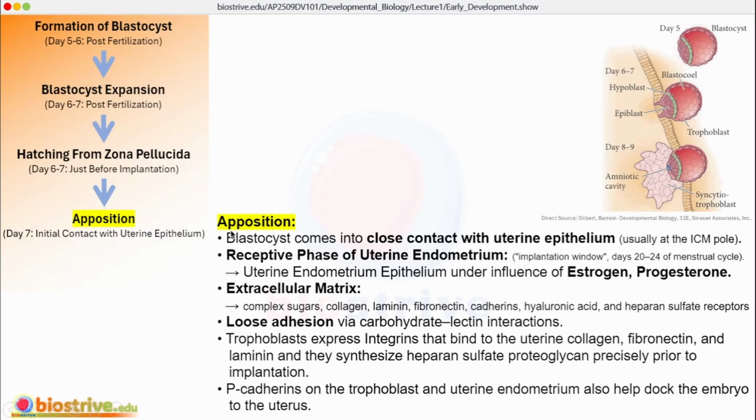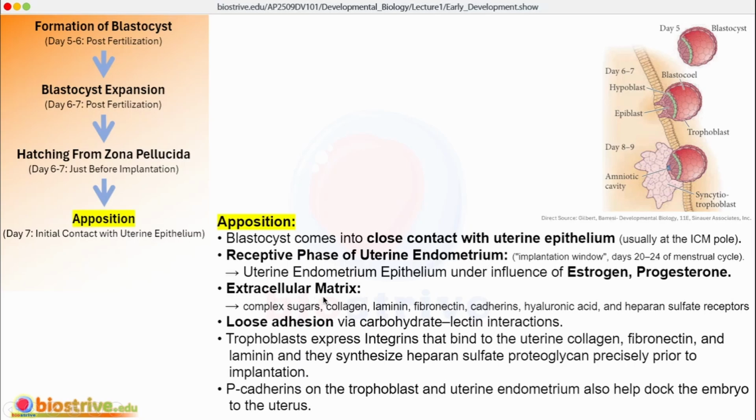For apposition to happen, the uterine endometrium must be receptive, which means the uterine epithelium will be under the influence of hormones like estrogen as well as progesterone, and there is a specific implantation window for this hormonal regulation, around day 20 to 24 of the menstrual cycle.